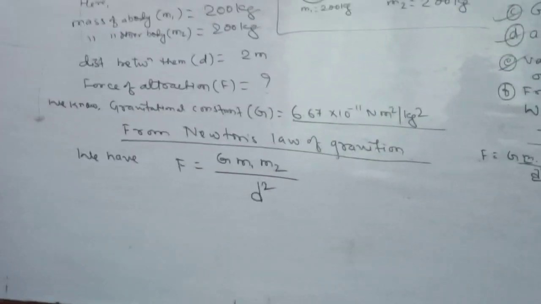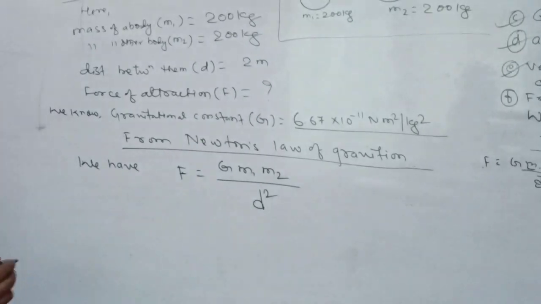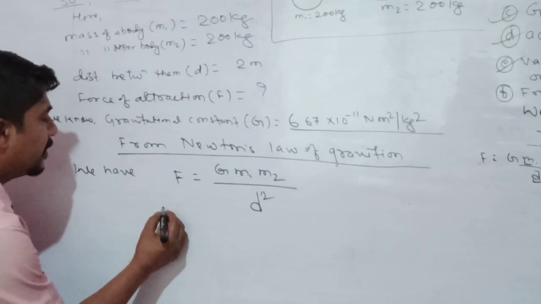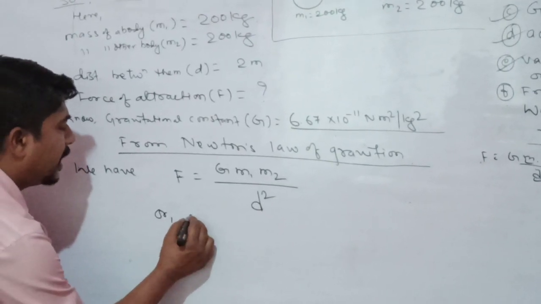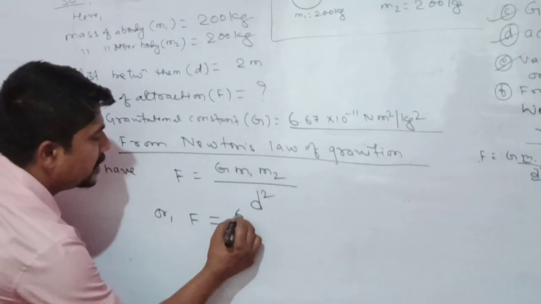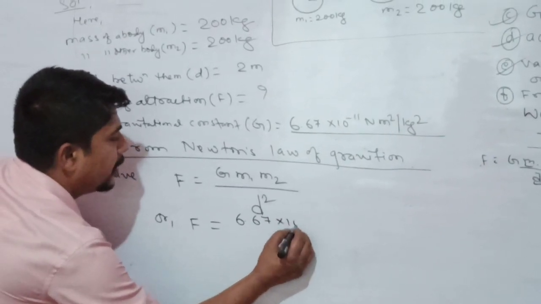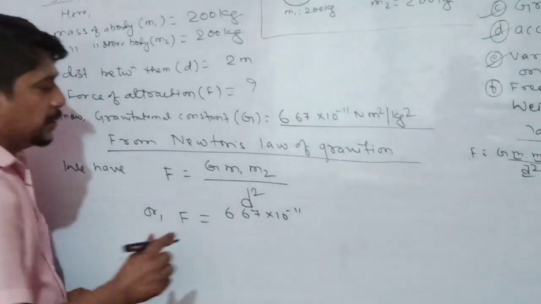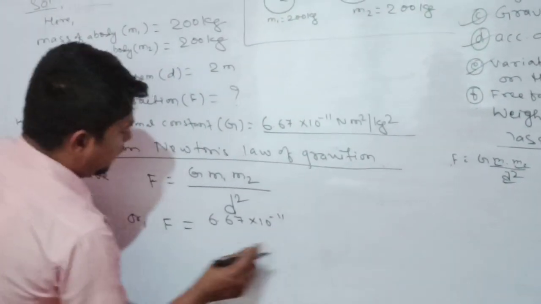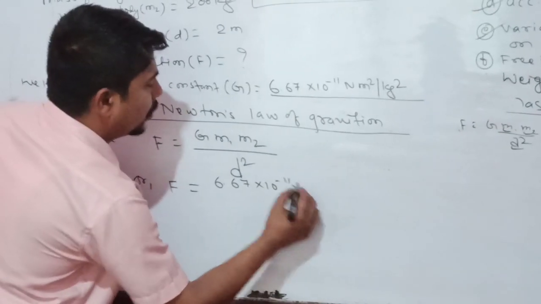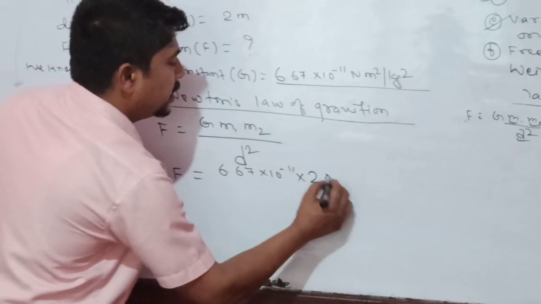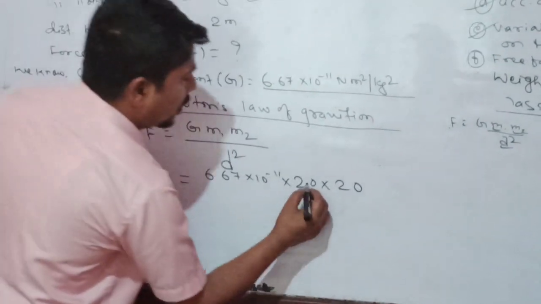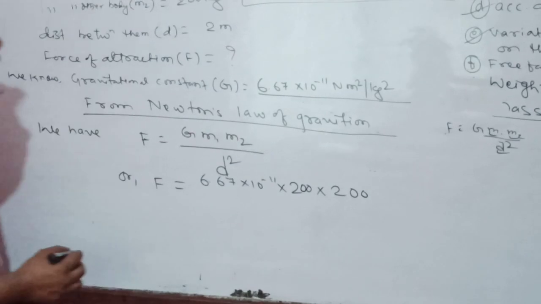Now we will simply put the values and find the answer. F equals G, whose value is 6.67 times 10 to the power minus 11. We will not use the units in the calculation; finally we will write the unit directly. m1 is 200, m2 is 200.